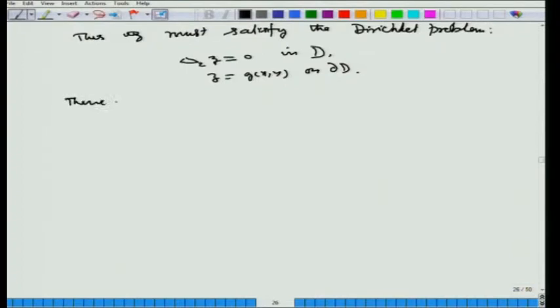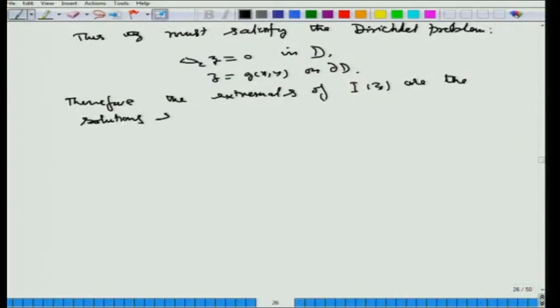Therefore, the extremals of I z are the solutions of this 12.2, the Dirichlet problem.